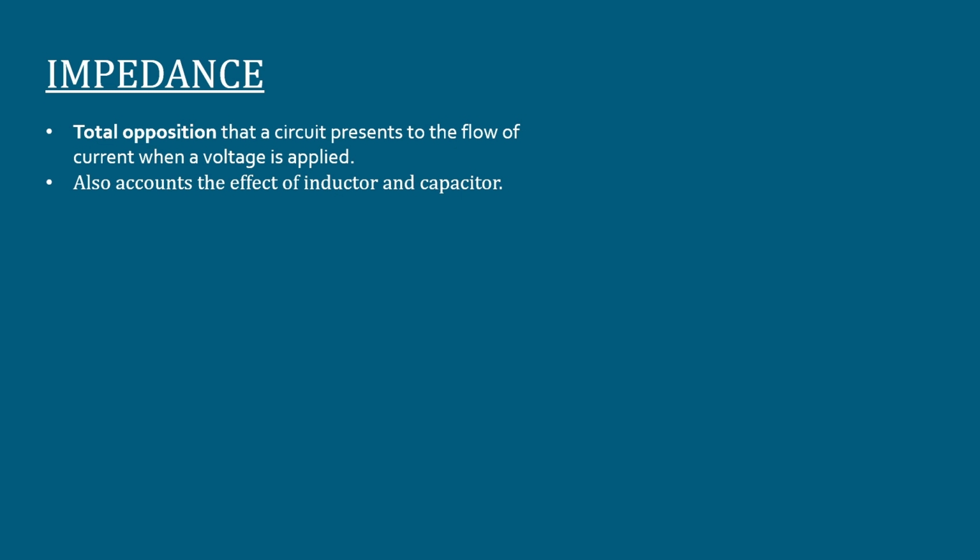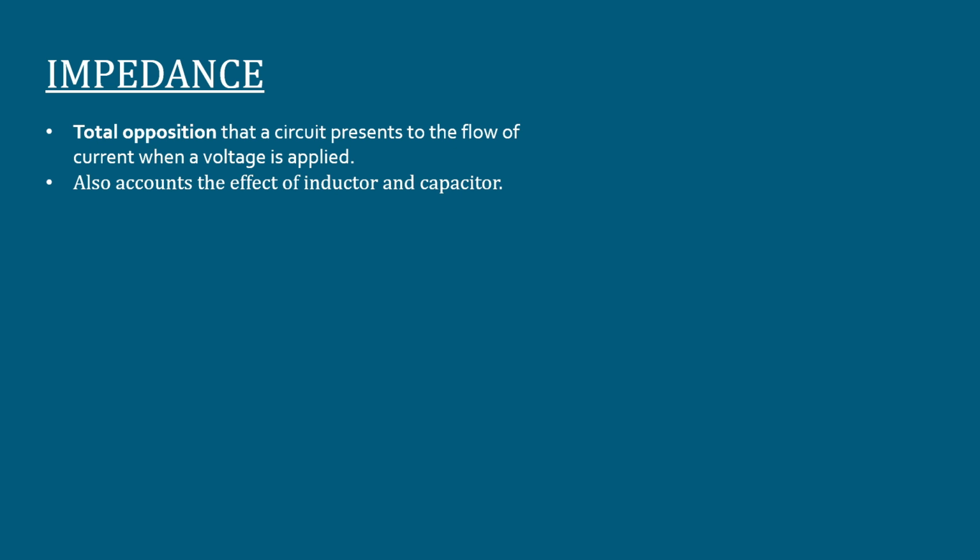Well, next is impedance, a new term in AC circuits. Impedance means the total opposition that a circuit presents to the flow of current when a voltage is applied. Impedance itself actually exists in DC circuits too, as we discussed earlier with Ohm's law and the other concepts in DC circuits.